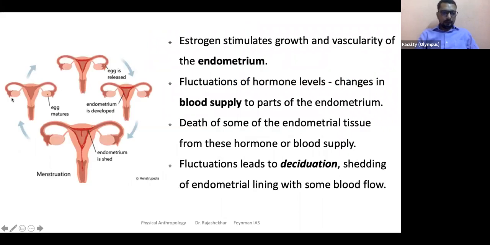Normally, if you have noticed this from high school, these are the two ovaries, and there is a fallopian tube connected to the ovaries, which opens into the uterus. This part is the uterus. So what happens here? Approximately every month there is a 28-day cycle.